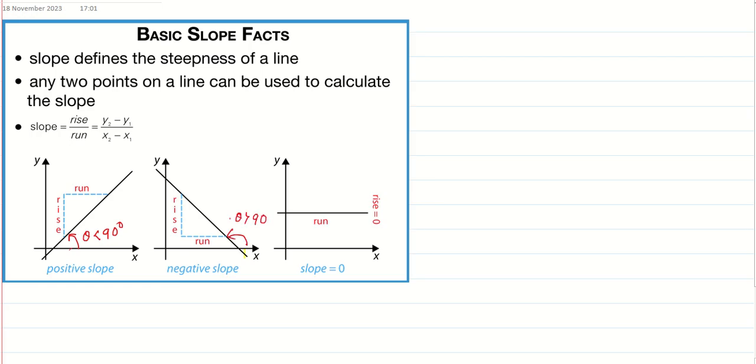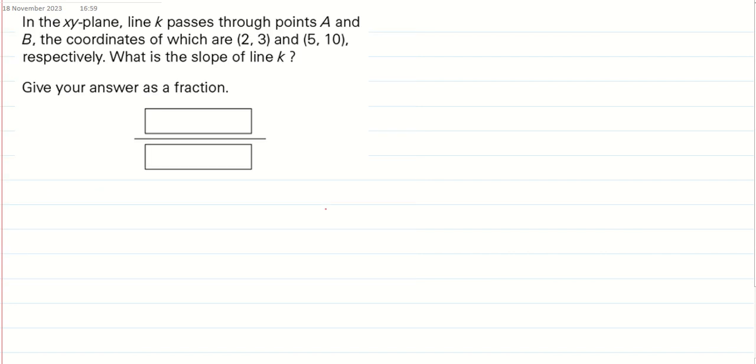Negative slope. If the angle is 0, of course, it is 0, and for 90 it is undefined, basically. Correct. So this is one simple question. Tell me quickly what answer you're getting.